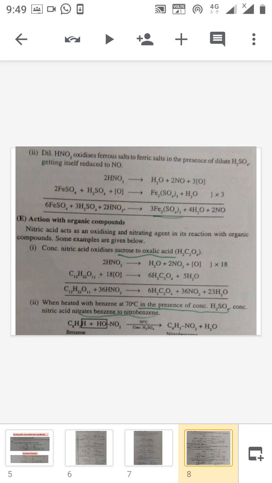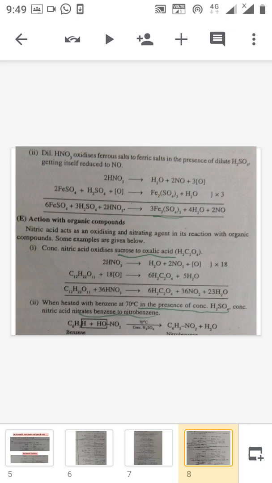And next one is the action of the nitric acid with non-metals and metalloids. We have discussed the non-metals iodine, sulfur, phosphorus, carbon, and metalloids arsenic and antimony. Similarly, we have discussed the reaction of the nitric acid with some of the inorganic compounds, that is H2S, sulfur dioxide, and iron compounds. And next is the reaction of the nitric acid with the organic compounds, sucrose and benzene.